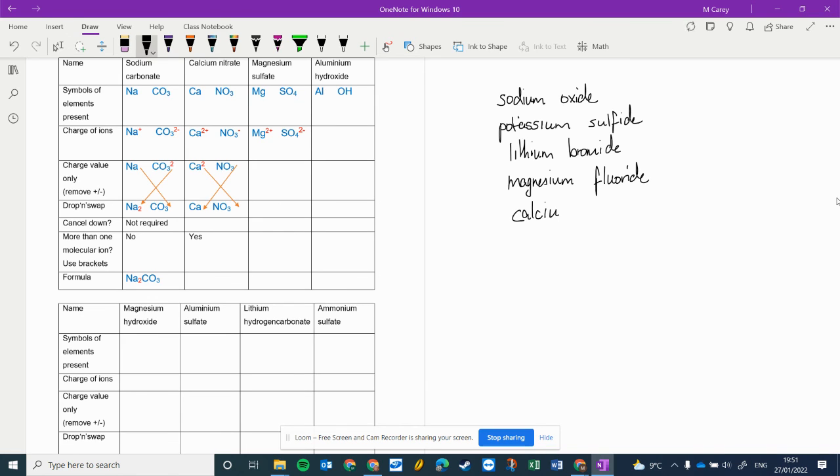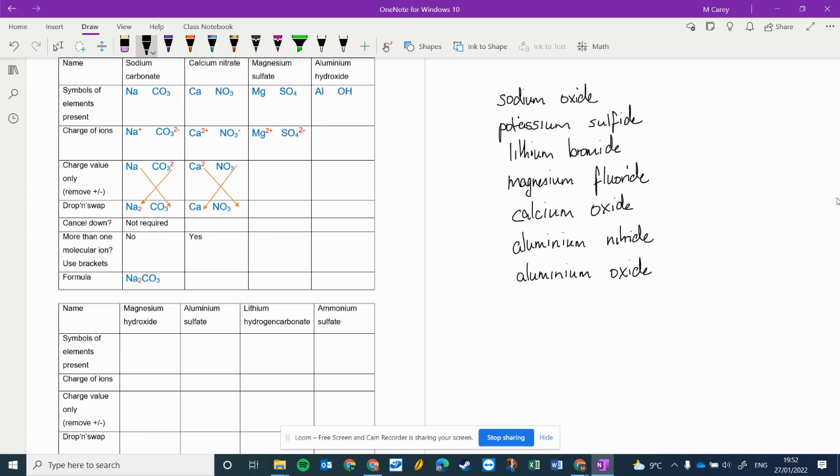Calcium oxide. And now these, think about how these might go. Aluminium nitride and aluminium oxide. Okay, so pause the video here and have a go with those, and then I'm going to put the answers up.